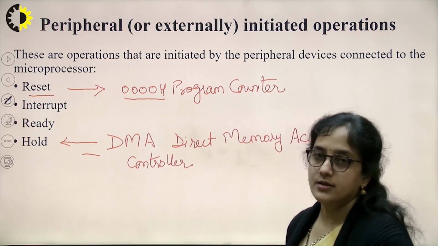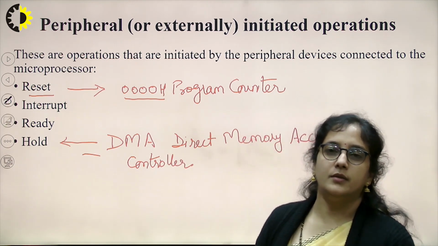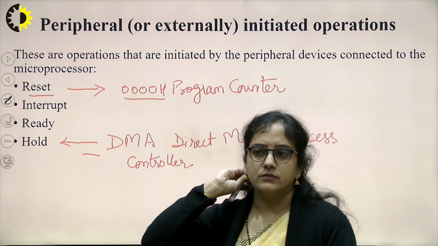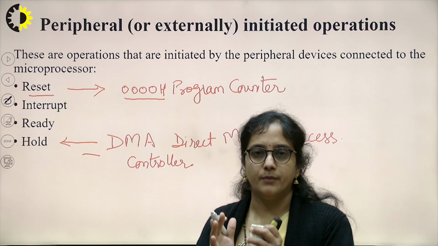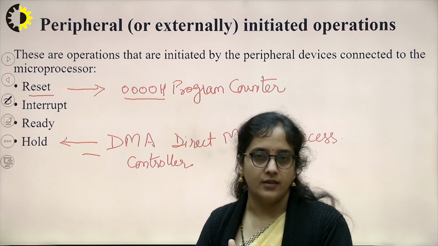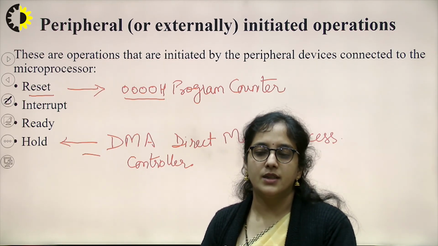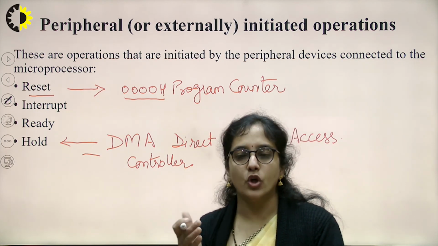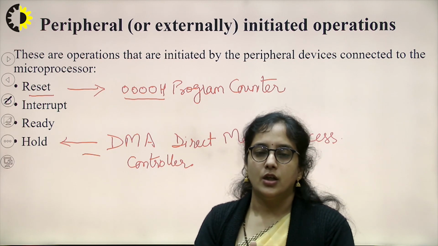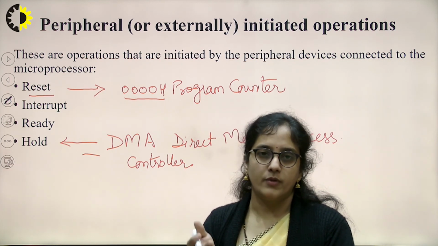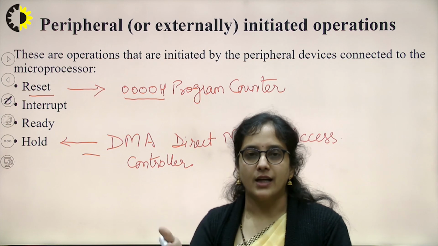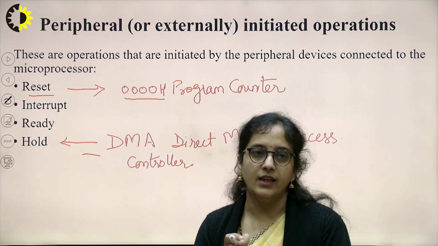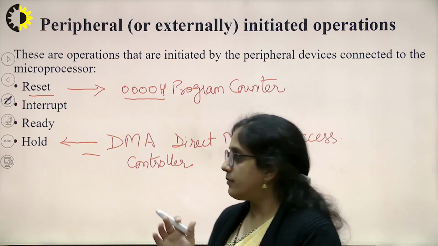Direct memory access. So whenever there is a large amount of data, a big database file, and we want to store that database from keyboard to memory, or from another memory like a pen drive to our hard disk, in that case, when we have to transfer a big or large data file, this DMA comes into the picture.